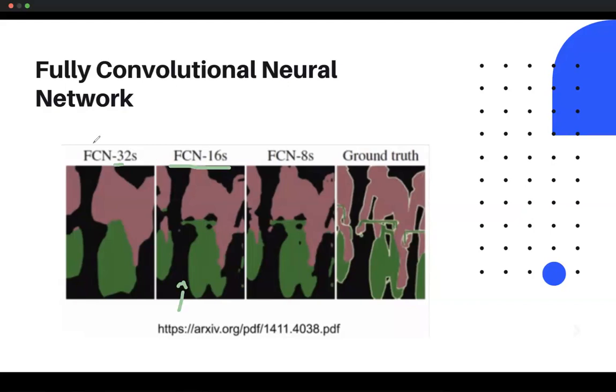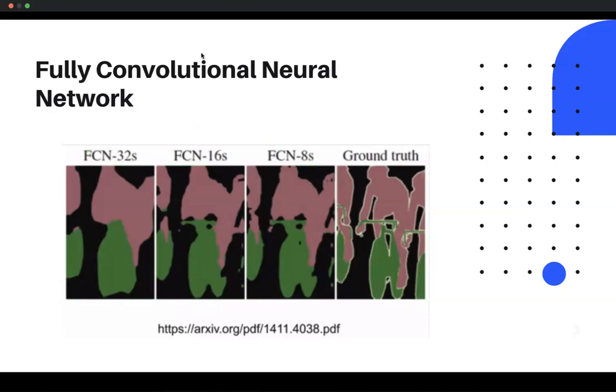So you can call the first one simple and fast. This one is medium results, medium speed. And this one is best results and slow speed, right? Very slow. This one is the 8 stride, and it means that the segmentation is smaller than the actual image by 8 times.